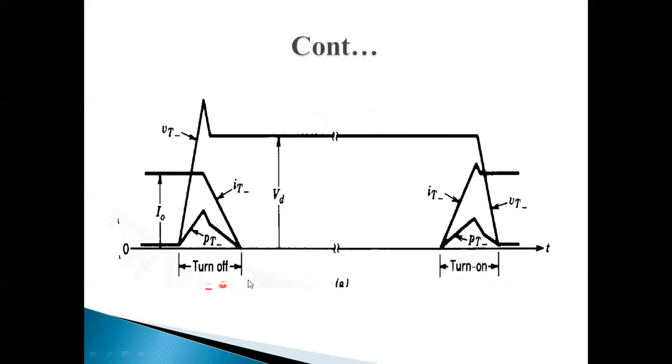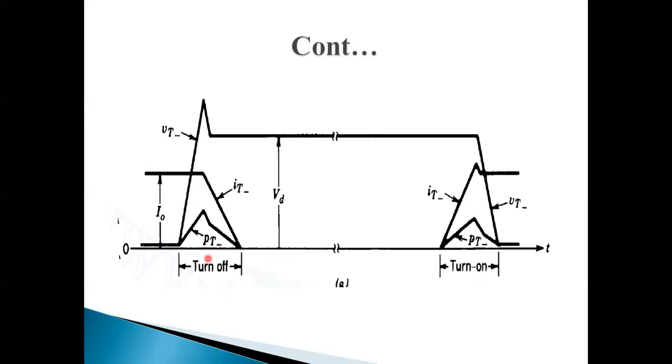Turn off means opening the switch. At that time you get some current, and you get the open circuit voltage, or you can say the voltage drop across the switch, at maximum. But after some time we get zero current.